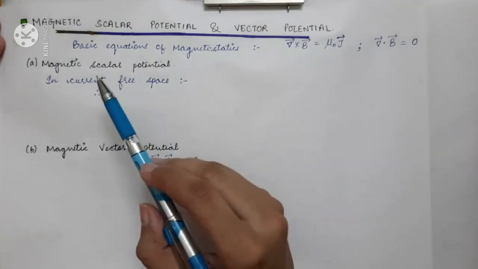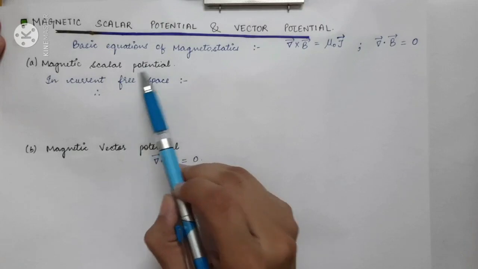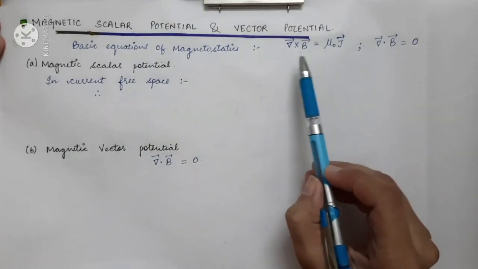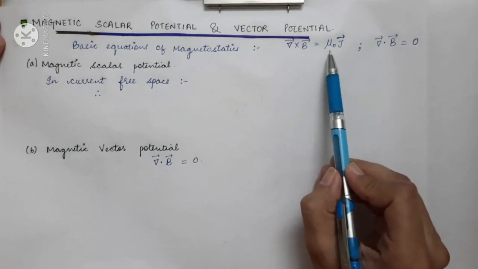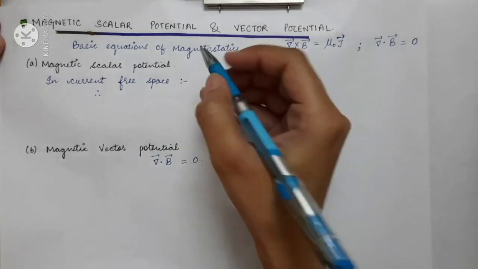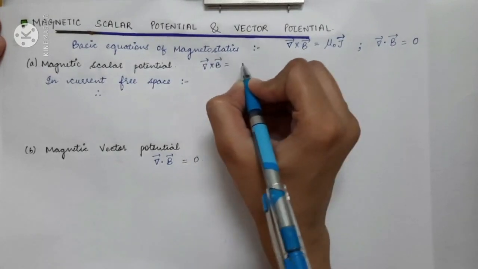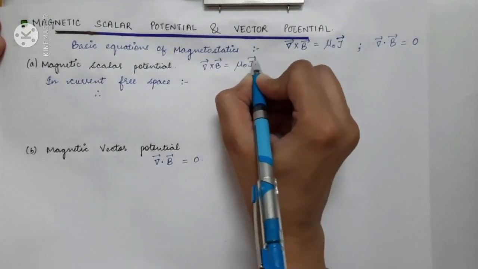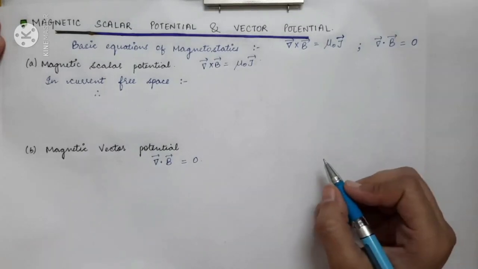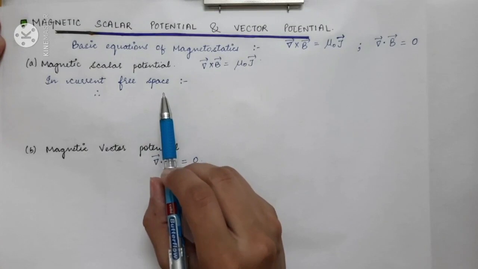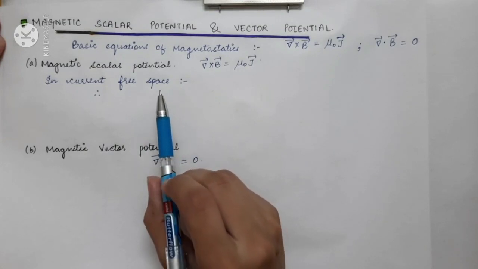Now first of all we are going to talk about magnetic scalar potential. For that we are going to look at the first equation, curl of magnetic field is equal to mu naught times J vector. Let's write this again. Now suppose you have current free space, meaning there is no current present in a region.